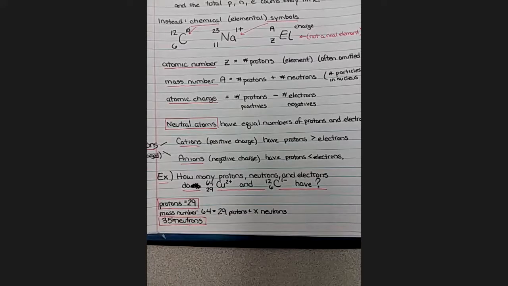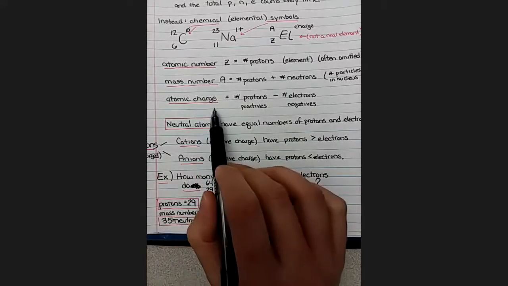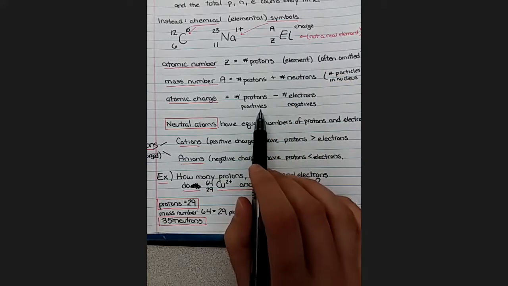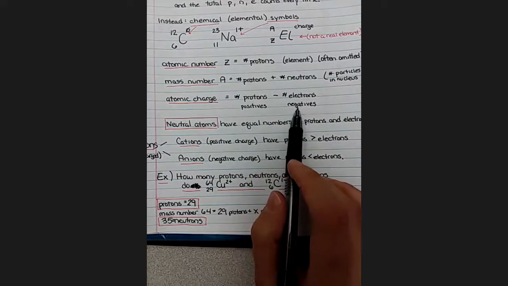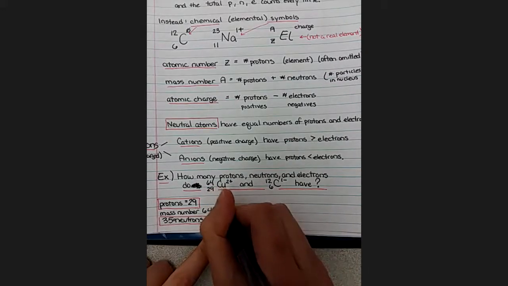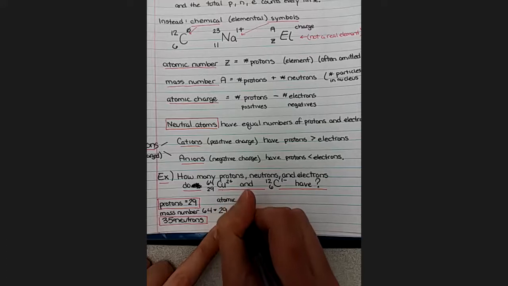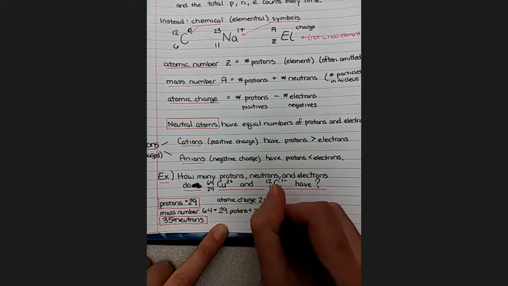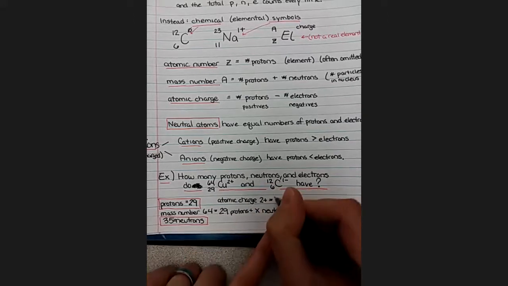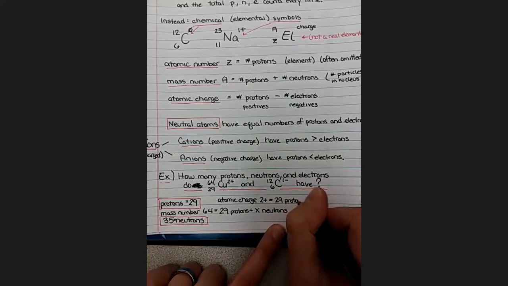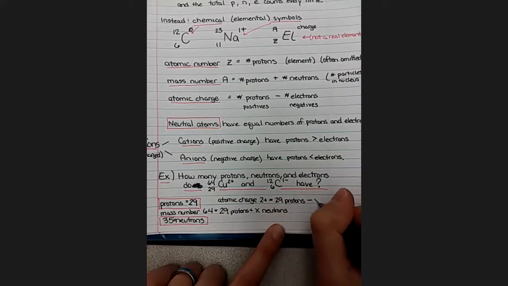And then we need to find the number of electrons, and we can find that from the charge, which is that top right number. So number of protons minus number of electrons equals the atomic charge. So our atomic charge is 2 plus, and that equals 29 protons minus X electrons.